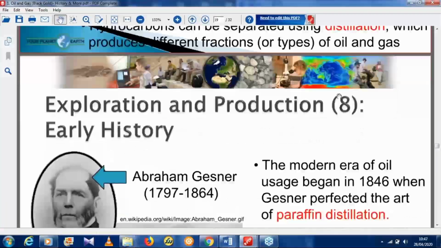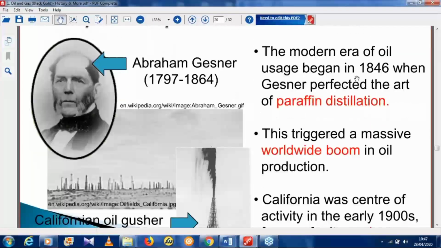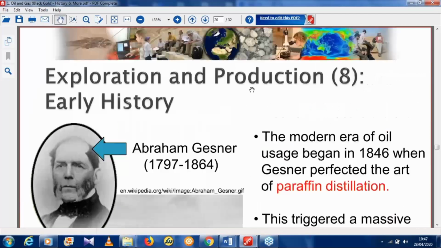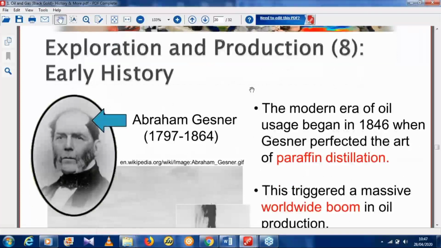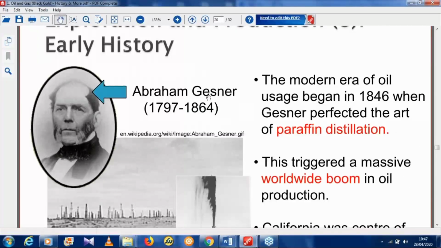Now, a little history on exploration. We cannot talk about crude oil without remembering Abraham Gesner, of the modern era of this discipline. It started in 1842, when we perfected the art of paraffin distillation.